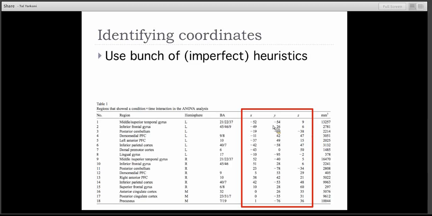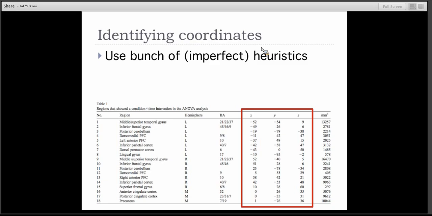I wish I could tell you that there's some clever AI module that is smart, but it's not. It's just using rules, like if you find three numbers separated by commas, that's probably coordinates. If you have a column called millimeters cubed, or size or extent, that's the size of the cluster, that kind of thing.